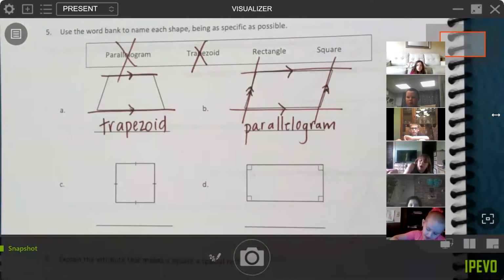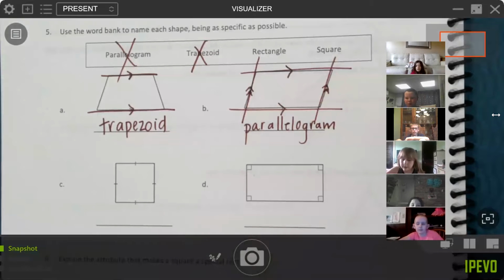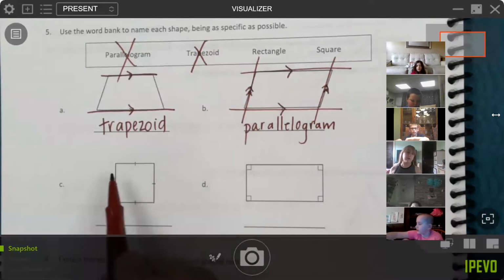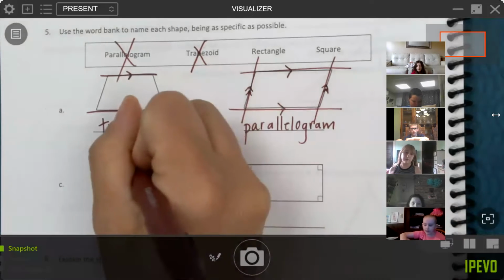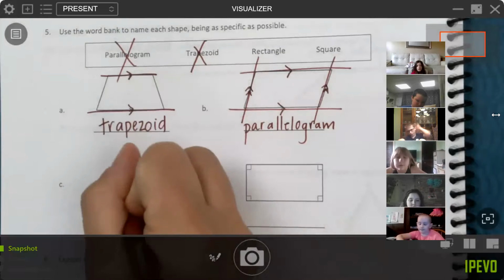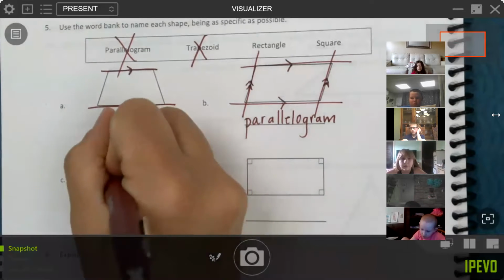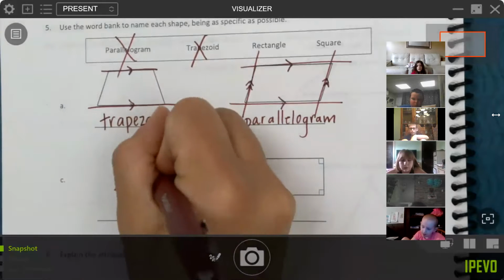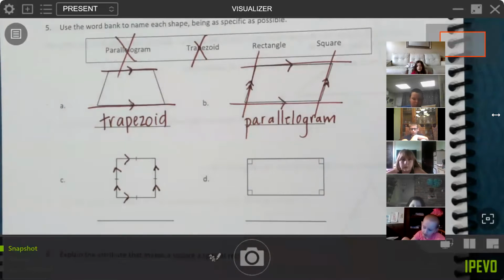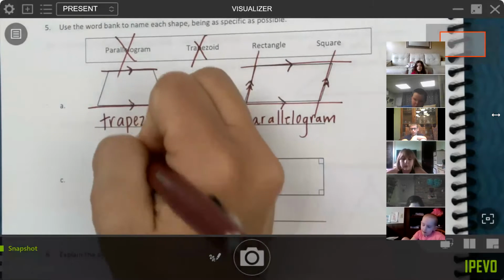Okay, who would like to do letter C? Sophia, what types of characteristics do you see in polygon C? It has 2 pairs of parallel sides. Okay, so these ones actually aren't marked, but we can show that. I'm going to put 1 arrowhead here and 1 here because the top and the bottom will never touch. And then I'm going to do a double arrowhead over here to show that those 2 sides would never touch. Sophia, what do you think these tick marks mean?